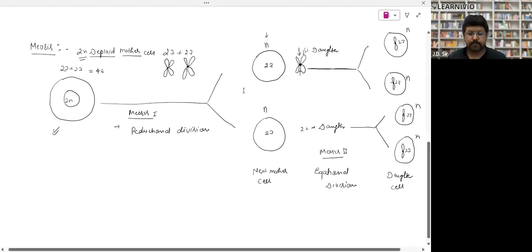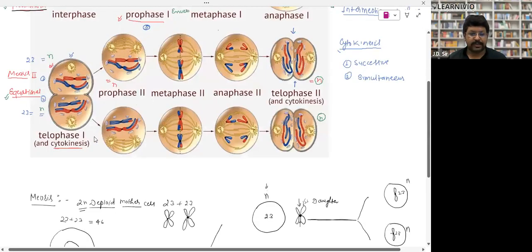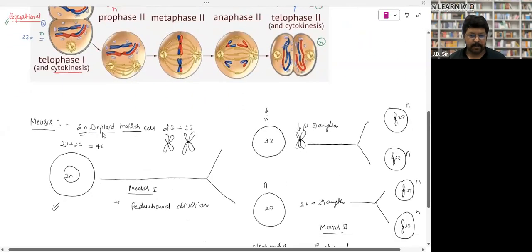So next put the subheading: meiosis second. Meiosis second is shorter than a typical mitosis.